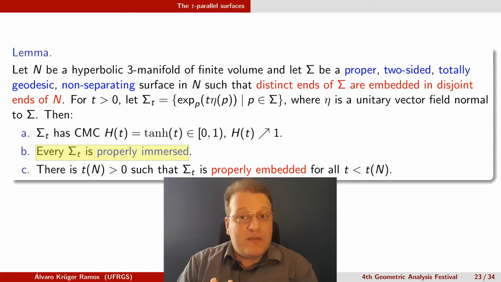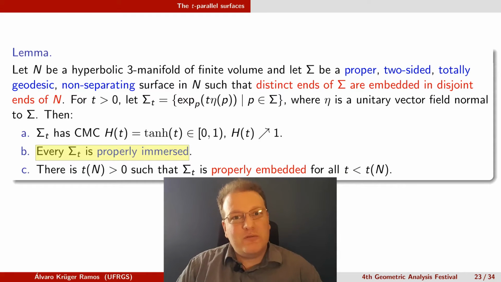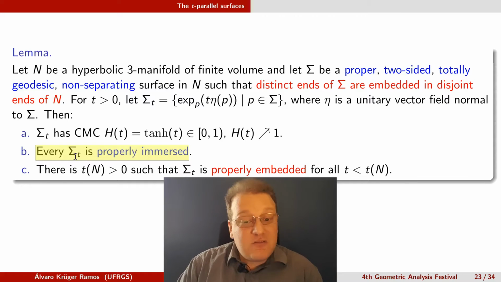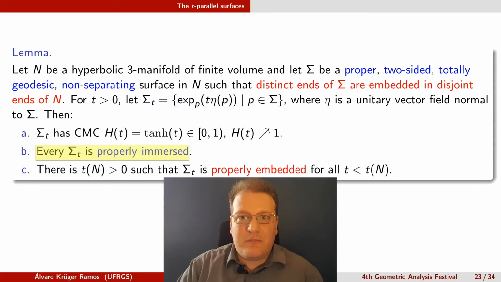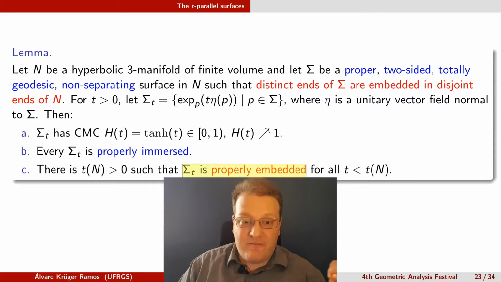This wasn't clear, but it's actually simple to show that this happens. It's impressive actually. So every t-parallel surface is properly immersed, and moreover, this is amazing, there exists a small value of t such that they are actually properly embedded until that value.